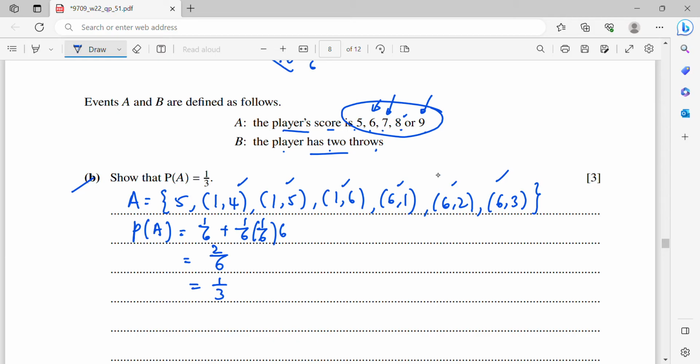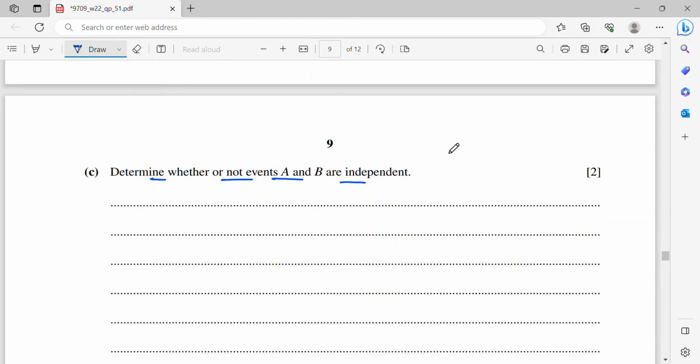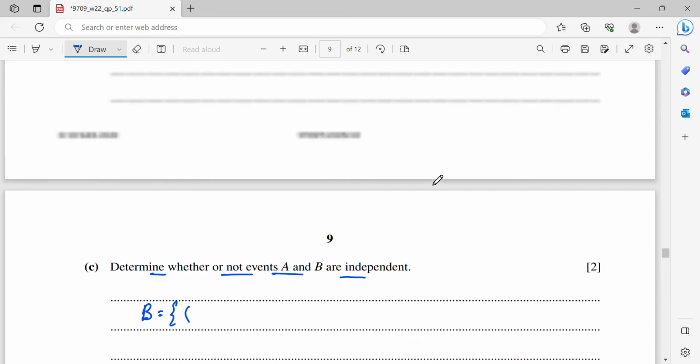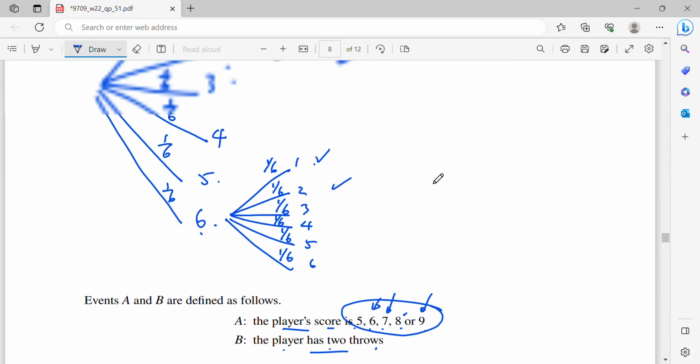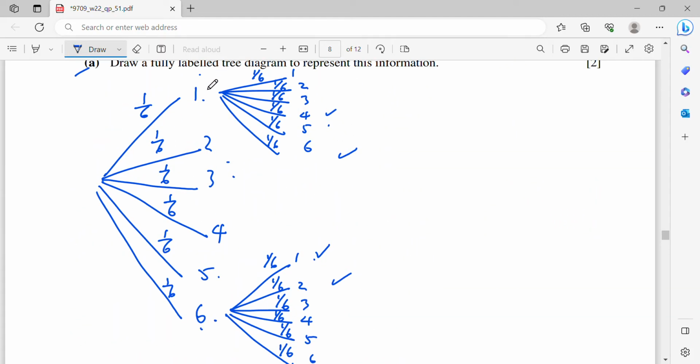So for P(B), the player has 2 throws. Alright, so now I need to list down all the outcomes, because later I need to get the intersection. So when the player has 2 throws, the first throw will be 1 or 6, then match with 1 until 6 for each.